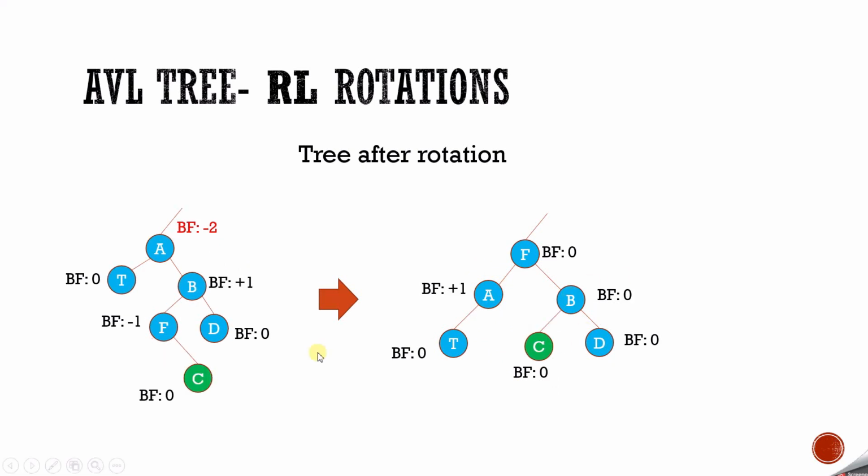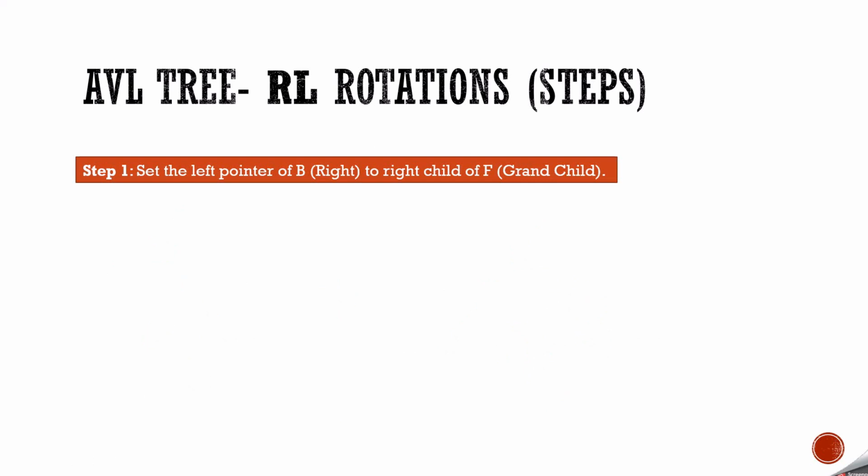Like that, if the new node is inserted as a right subtree of a grandchild, it will be the left subtree of the right node. Here in this case, B is the right node or right child.